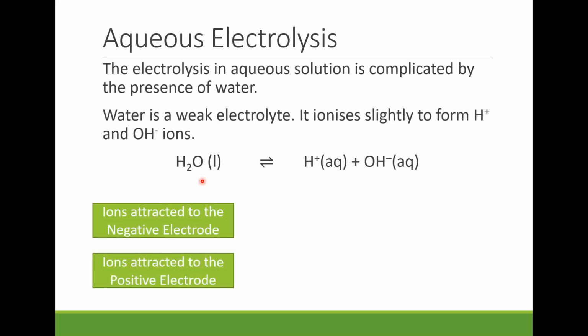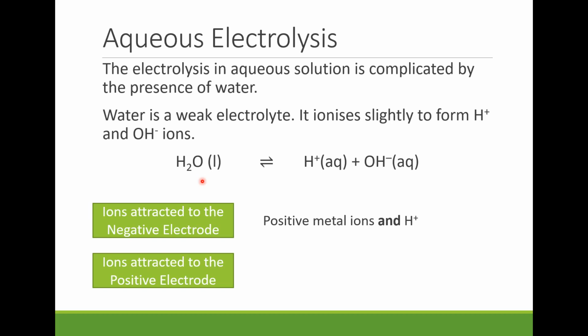And if we think about the ions that are attracted to the negative electrode, if we cast our mind back to the molten electrolysis, let's say of zinc chloride, of course it was the positive zinc ions that were attracted to the negative electrode. Again, the positive metal ion will be attracted this time, but also will the H+ ions.